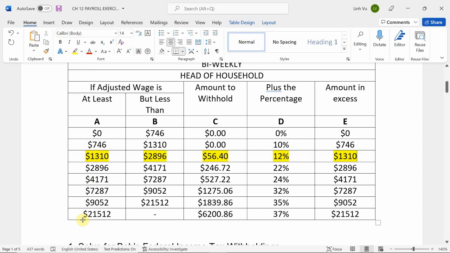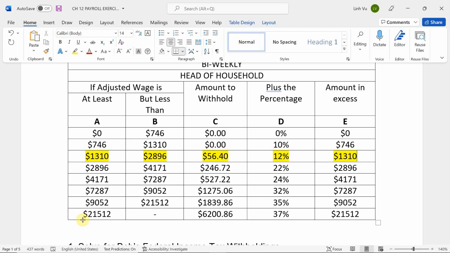Okay? So again, column C is what the government is going to charge in tax automatically. This is the amount they're going to take away from the paycheck automatically, okay? Column D is 12%. That's how much they're going to tax you on any excess money. And column E tells you that the government's going to let Bob keep the 1310, and any extra dollar is going to be taxed.